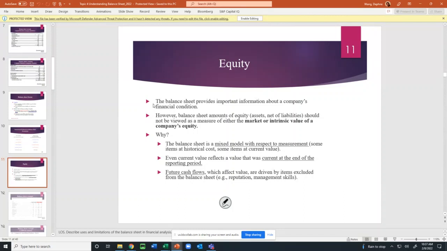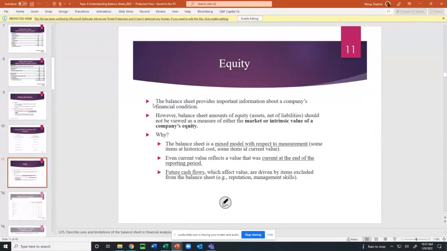Okay, so this is equity. This is to tell you the concept of equity. So equity, as we say, is the asset minus the liability. That's the book value based on the accounting book. But this book equity value is different from the market value of equity. The market value of equity is the market capitalization.